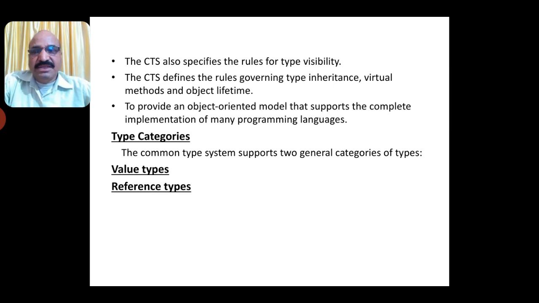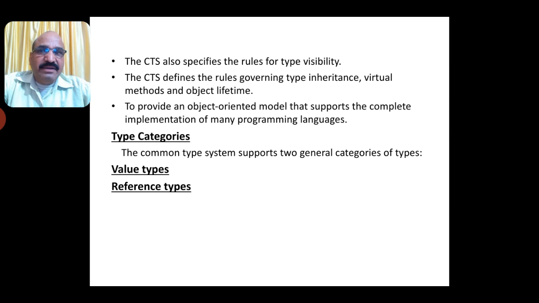Now let us take the type categories. What are the type categories? The common type system supports two general categories of types. The first one is value type and the second one is reference type. Value types directly contain their data, and instances of value types are either allocated on the stack or allocated inline in a structure.